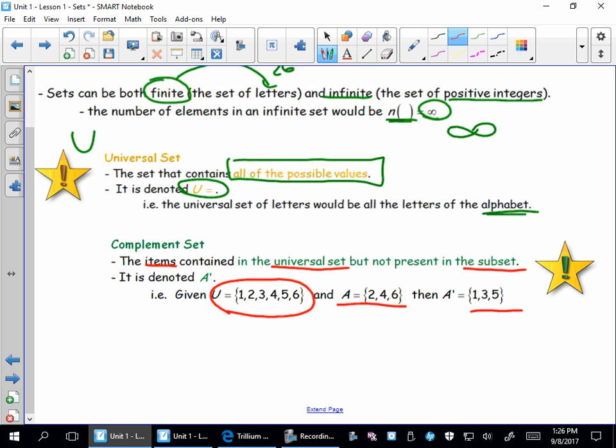And we show a complement set by putting a little dash next to the letter of the initial set. So this was A, so I have A naught. That's what we call that, A naught, or if you will, not A. Okay. Together, A and not A should make up your universal set. There shouldn't be anything missing from those two things, because those are the opposites of one another.